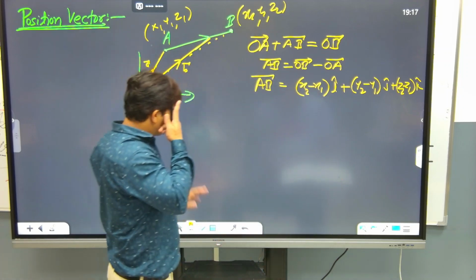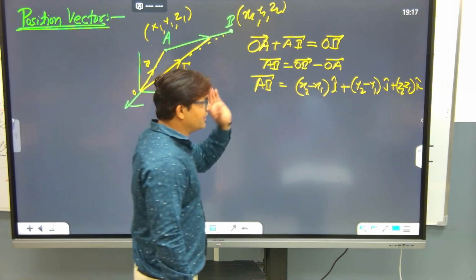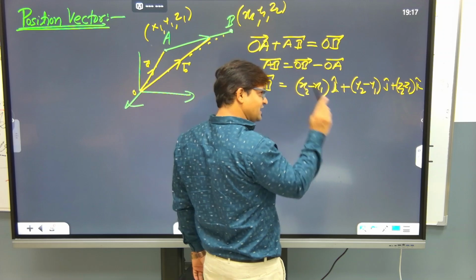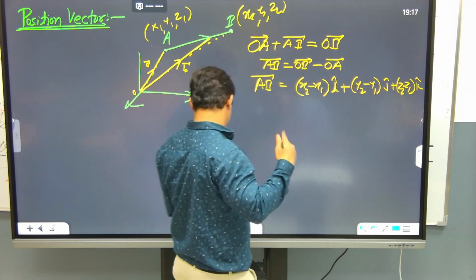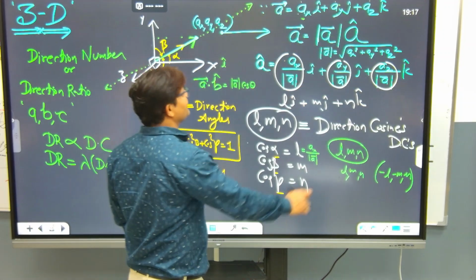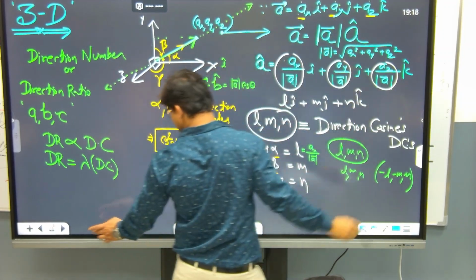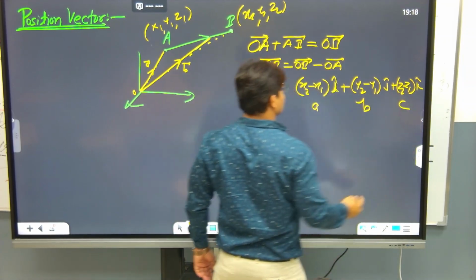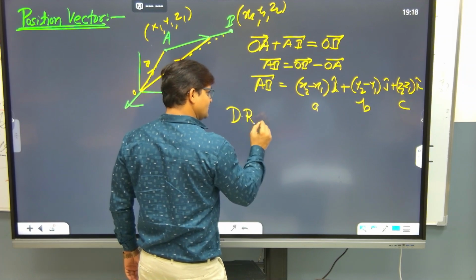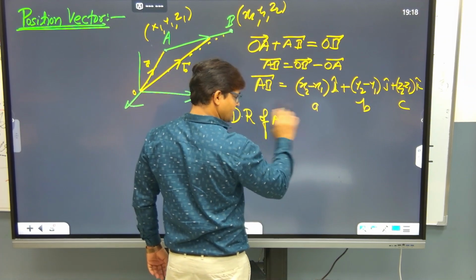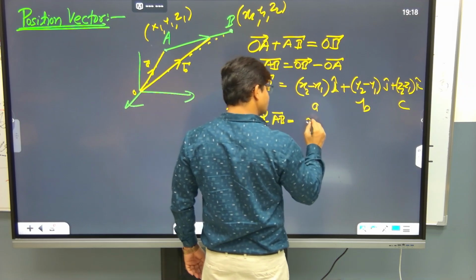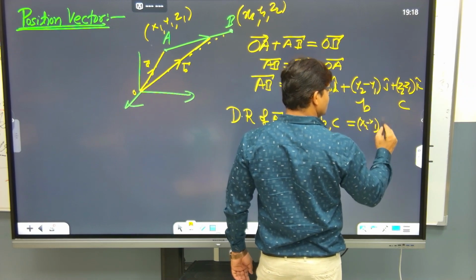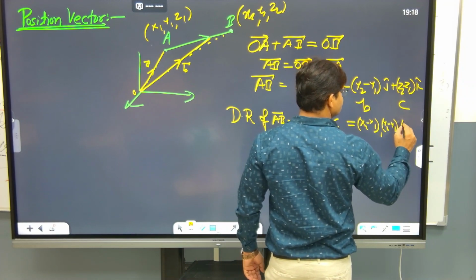Every time we are saying that in every vector, the components of i cap, j cap, k cap, or scalar components of x, y, z axis, we just discussed that concept. These are direction ratios also. So we can say here this is our small a, small b and small c. So we can write the direction ratio of the AB vector line as a, b, c, in terms of x2 minus x1, y2 minus y1 and z2 minus z1.